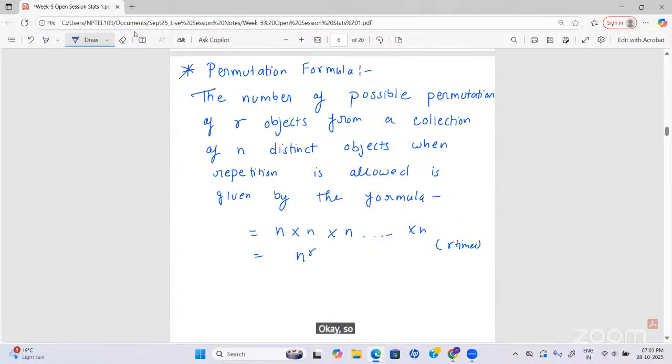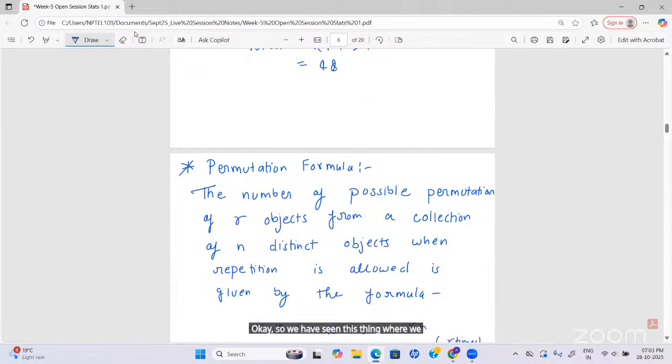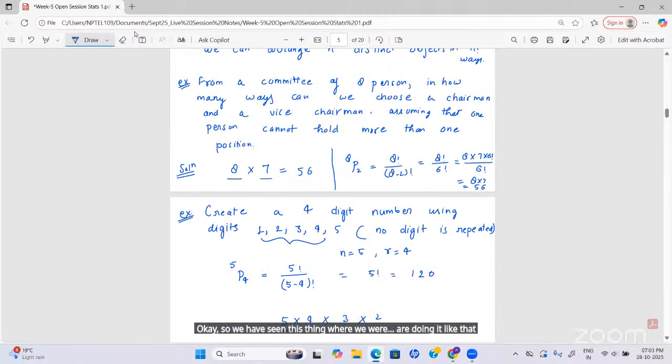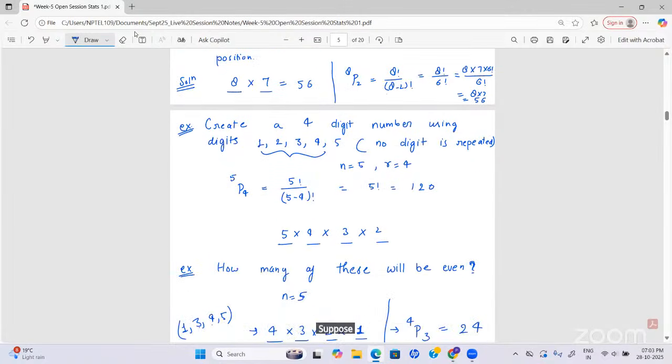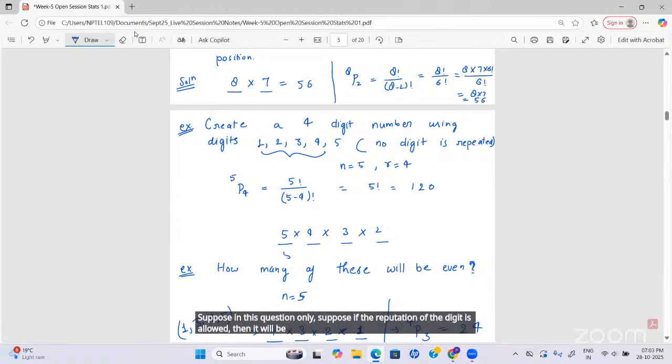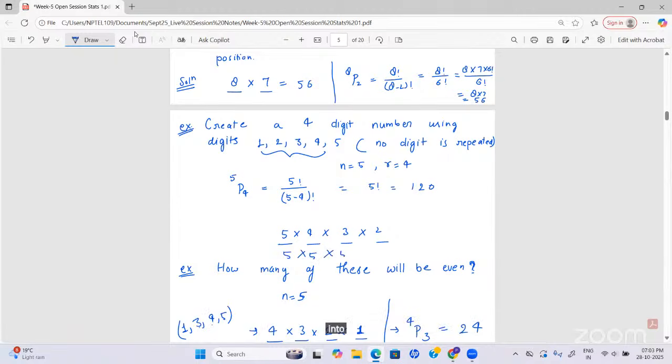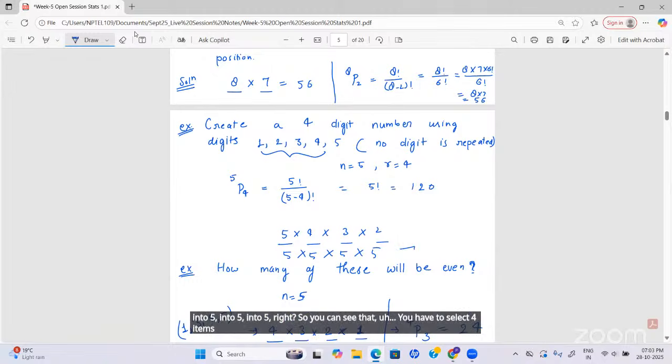We have seen this where we were doing 5 into 5 into 5. Suppose in this question, if repetition of the digit is allowed, then it will be 5 into 5 into 5 into 5, right? You have to select 4 items, so that becomes 5 to the power 4, which is n to the power r.